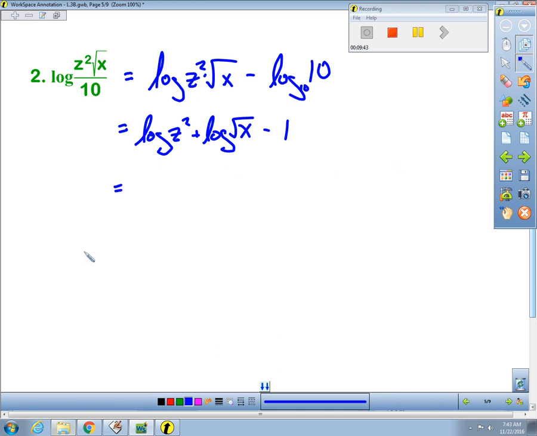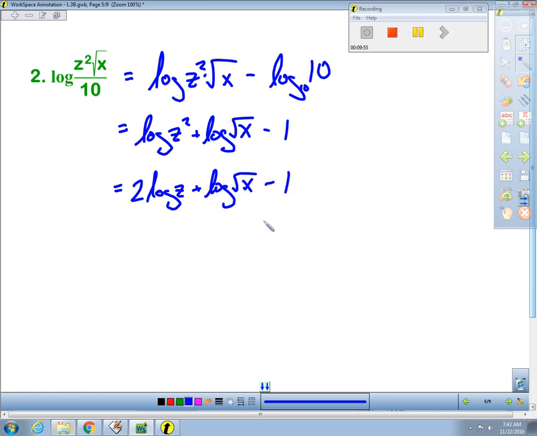All right, let's keep going. I see an exponent inside a logarithm. I can bring that exponent down in front. And it looks like that. Now, am I done? Am I finished? Okay, well, if we remember something about the square root, we realize that we are not done.